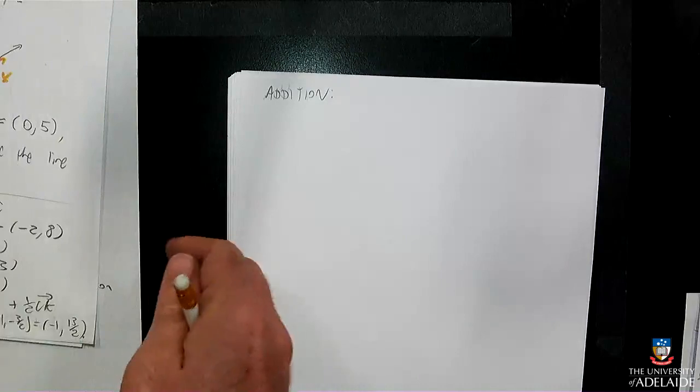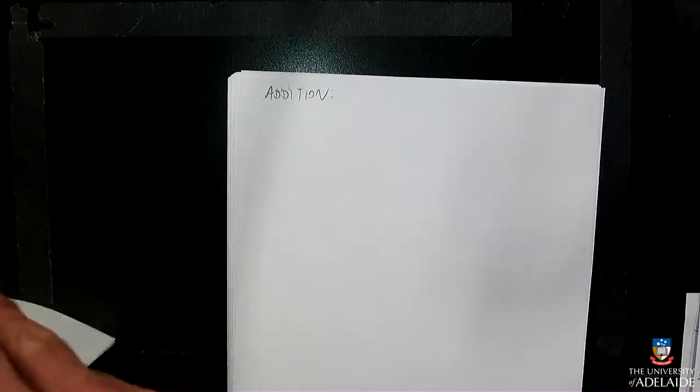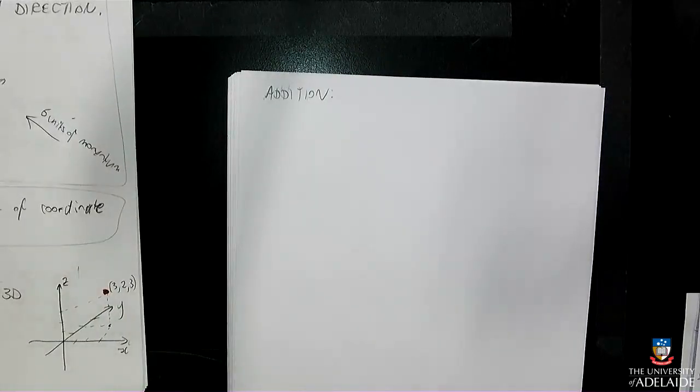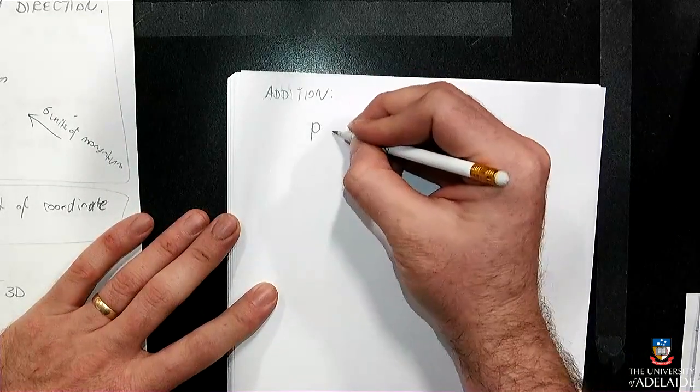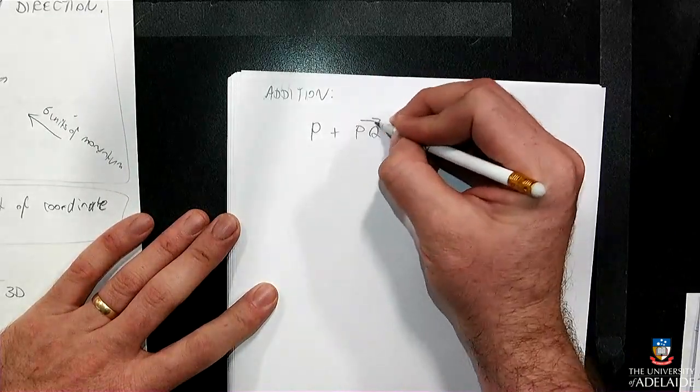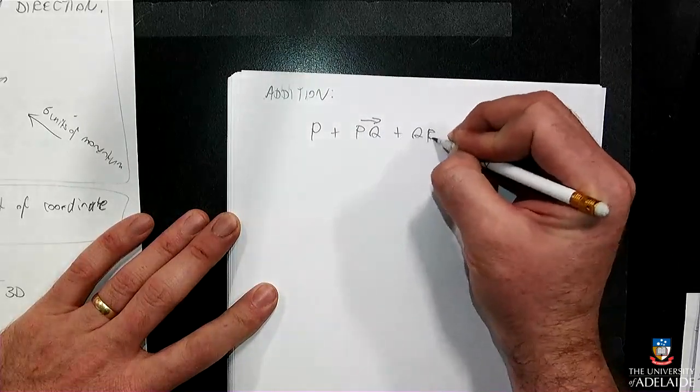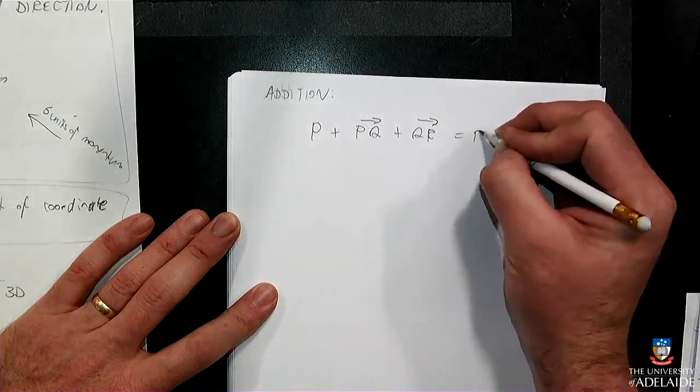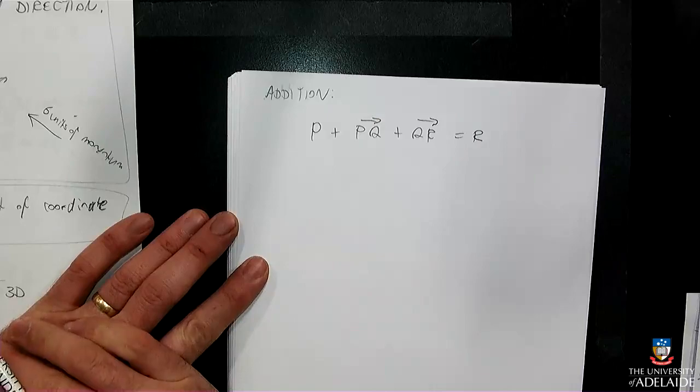So let's see. Well, you could imagine that adding 2 vectors would be doing one journey after the other. You could imagine starting at a point and doing a vector and then doing another vector and getting to wherever the point goes. So I'm just going to set this up. If we had the point P and then we did PQ and then we did QR, that should be R, right?